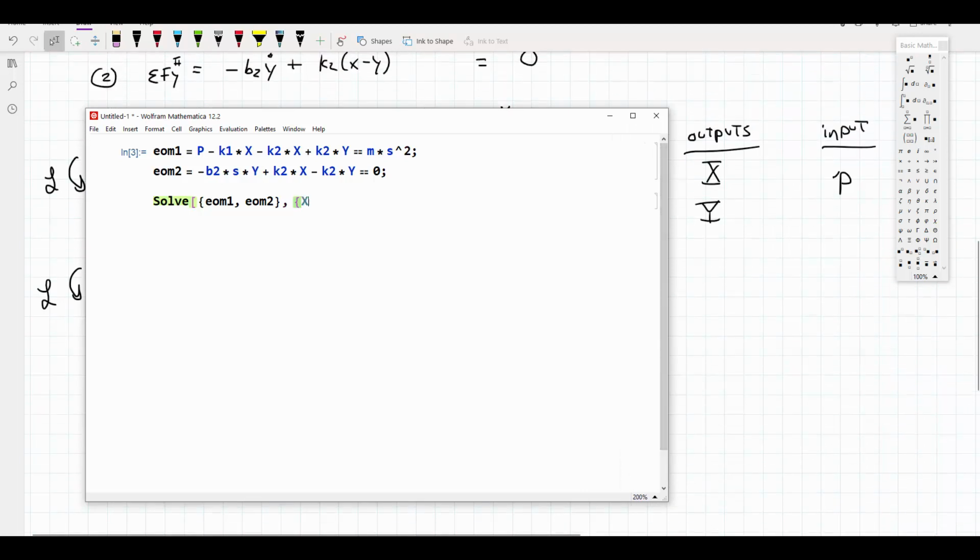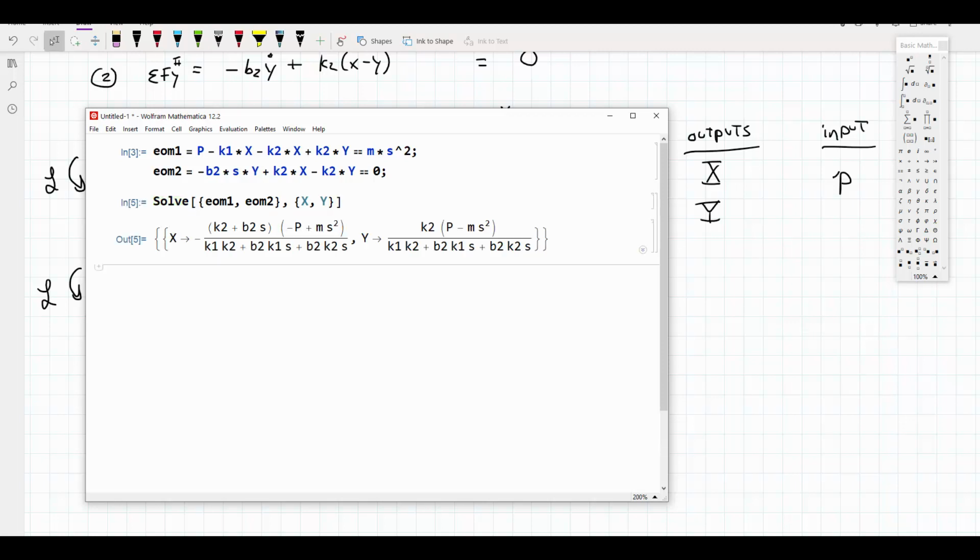So x and y go here. What that's going to tell it to do is isolate x equals something and y equals something, but x and y will not appear on either of the right-hand sides, as we'll see in a second.